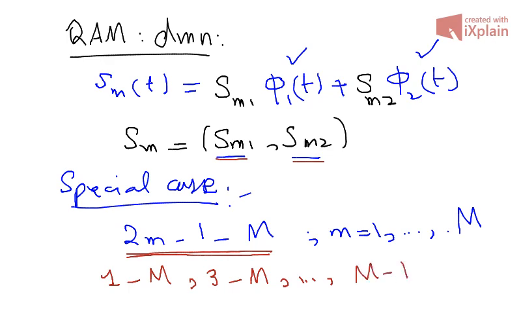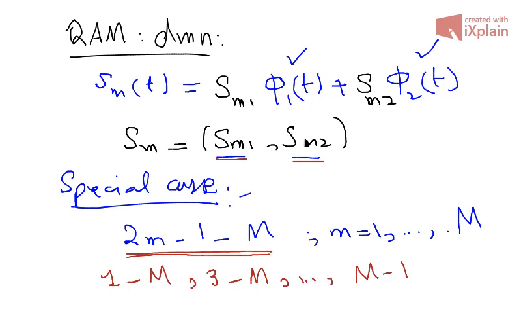So these are the possible values, and we assume that it takes these values as in the case of the pulse amplitude modulated signal.